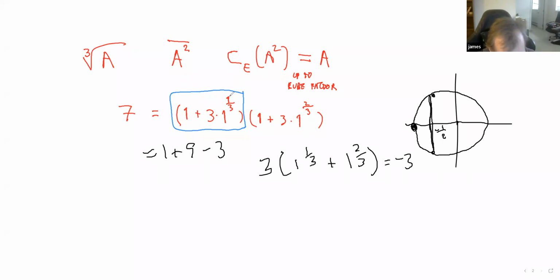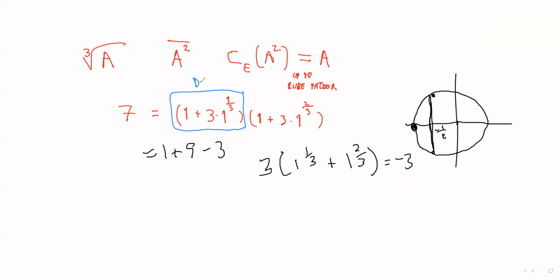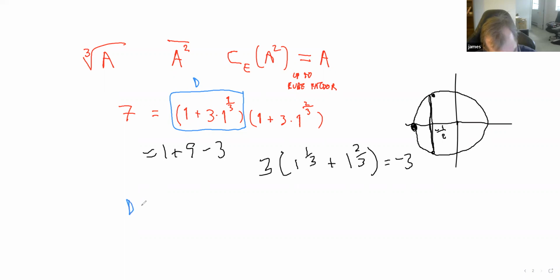Let me call it D for the moment. So if I take D times, again using a bar for conjugation, the Eisenstein conjugation, D times like that.